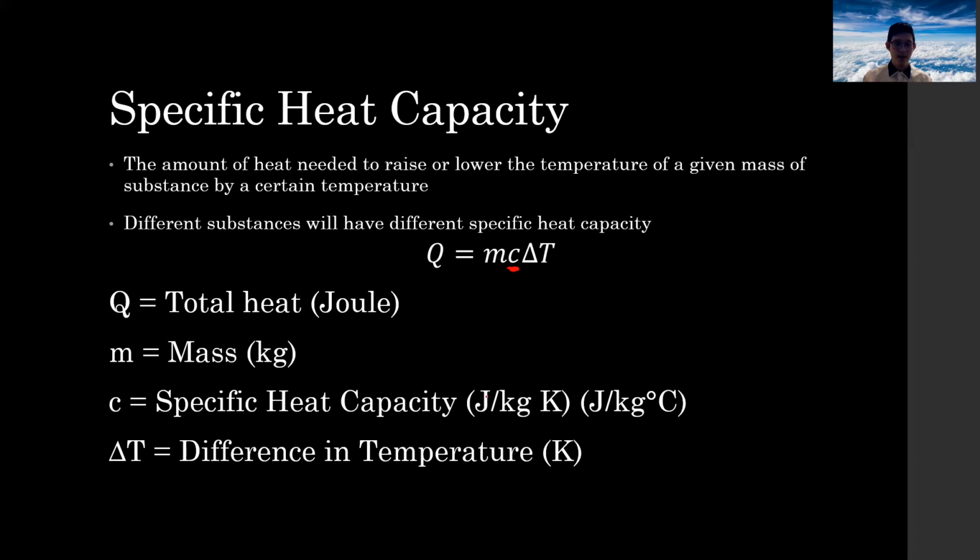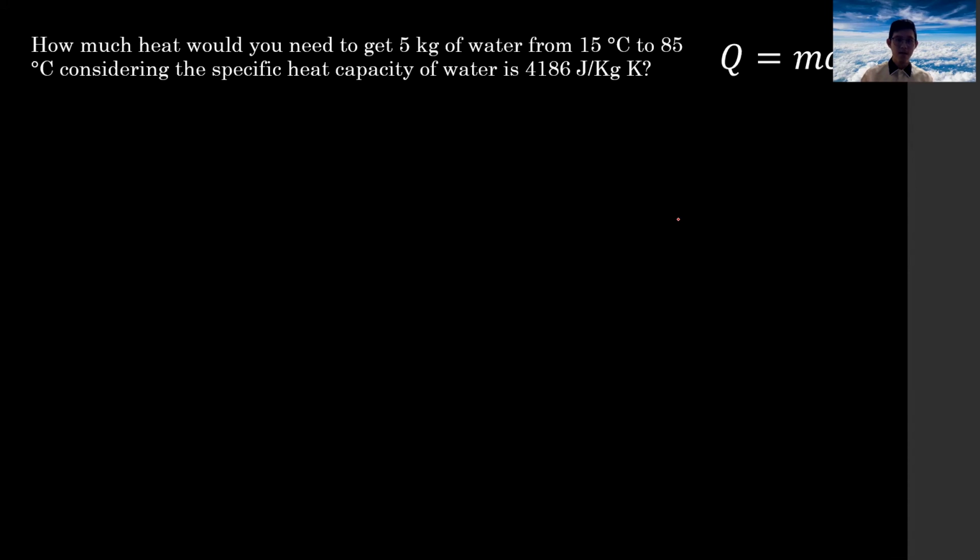Also, you look at this, there's J per kg K, also J per kg degree Celsius. These two are actually interchangeable. So for example, if we have a given J per kg K, we can change it to J per kg delta Celsius if the question is using Celsius. So let's try the question.